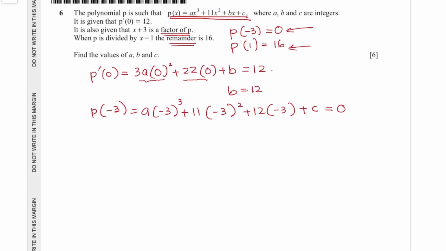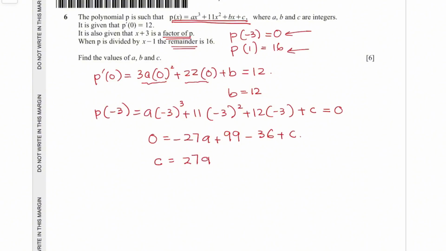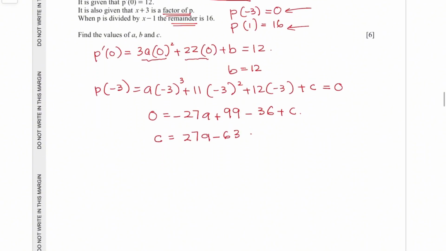So from this equation, your unknowns are just a and c. Simplifying this, you should be able to write 0 is equal to -27a plus 99 minus 36 plus c. Therefore, you can rewrite c is equal to positive 27a minus 63. So that's what you get from p(-3) equals 0.